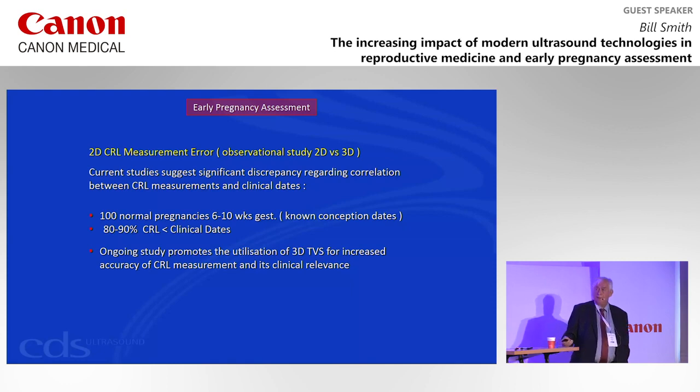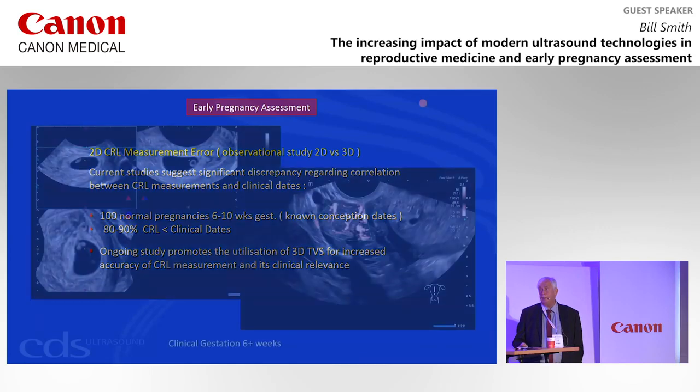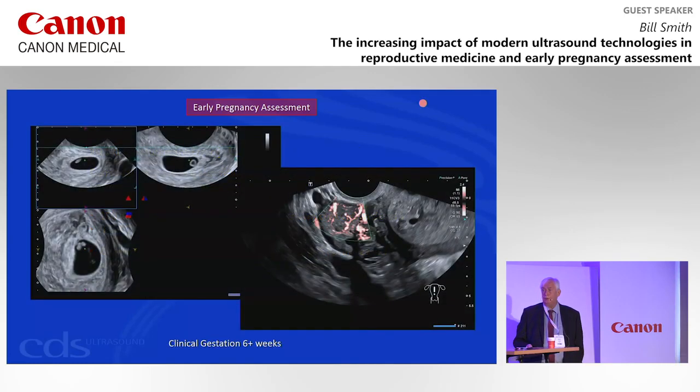And that's the kind of impression we got in terms of the number of pregnancies where we're misdiagnosing the dates, the gestational age of the pregnancy. So again, 3D is very important, very easy to use.